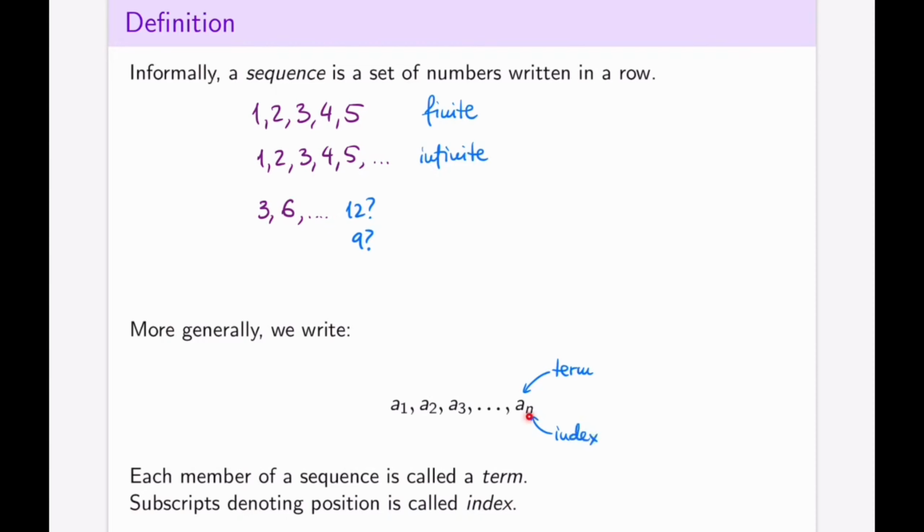The subscript, notice, always starts at 1 and actually tells us which term in the sequence we're at. So for this sequence, for example, if I assume 12 is the next number, 6 will be the term in the sequence and its index will be 2 because it's the second term in this entire sequence. This is all of the actual terminology we're going to need.